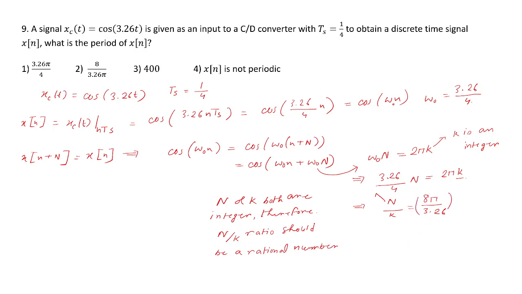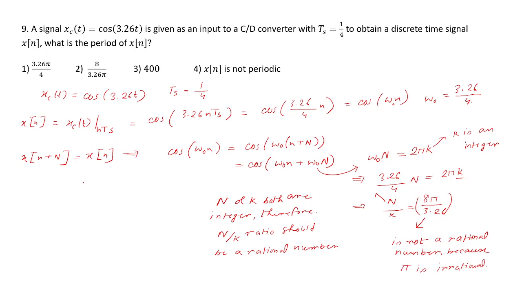But you can see this 8 pi by 3.26 is not a rational number. Why? Because pi is irrational and there is nothing to cancel out this pi.